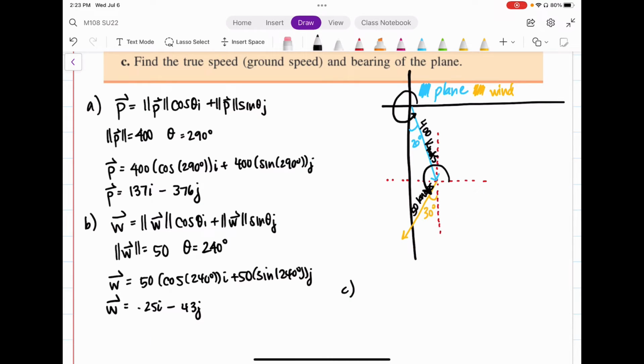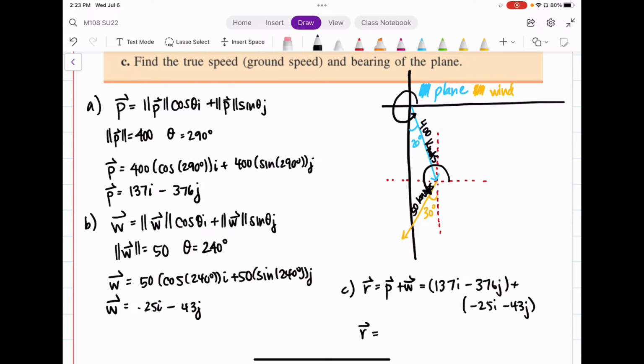The true velocity is given when you sum these, but the true speed is the magnitude. So we first have to sum vectors p and w to get their resulting vector, and then we need to find the magnitude of that vector. Vector p is 137i minus 376j plus vector w, which is negative 25i minus 43j.